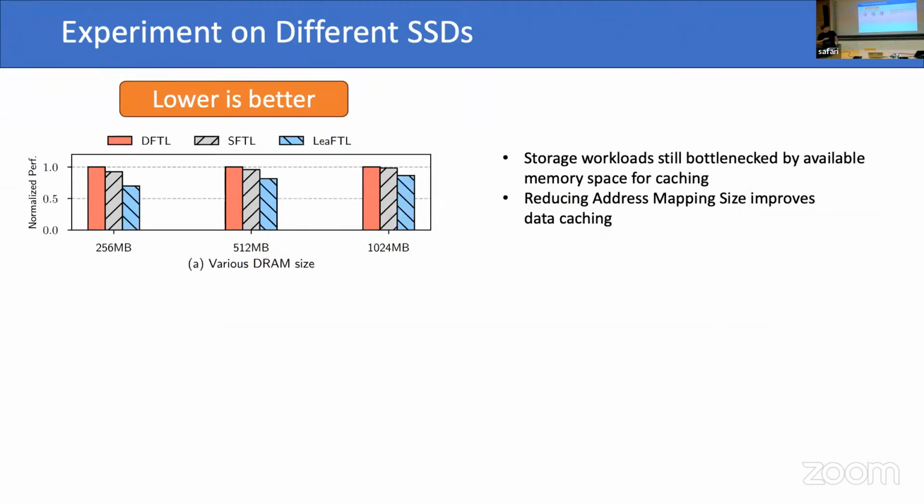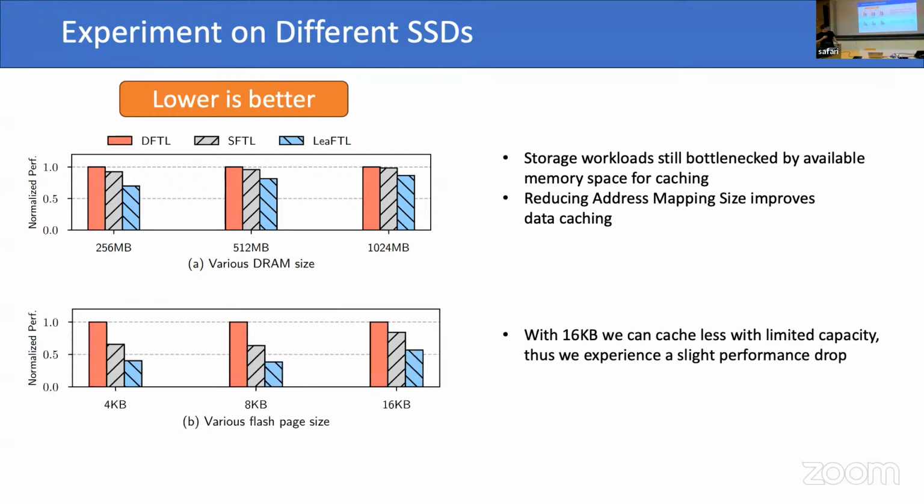Then there are tests on various DRAM sizes. As we can see on the y-axis, we have a normalized performance again. And although it's better, storage workload is still bottlenecked by available memory space for caching. And we can see that reducing address mapping size improves data caching.